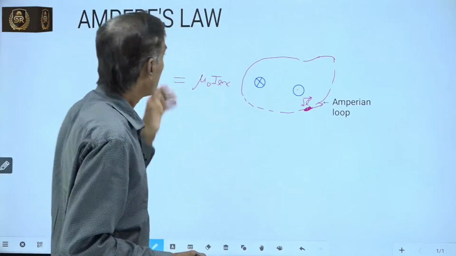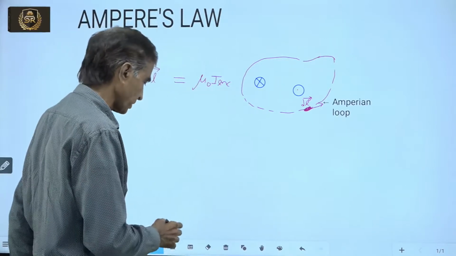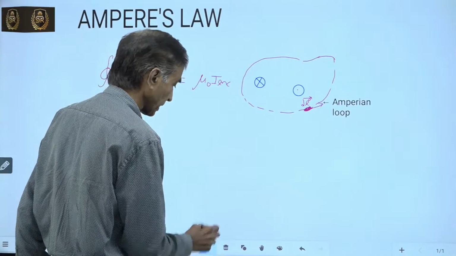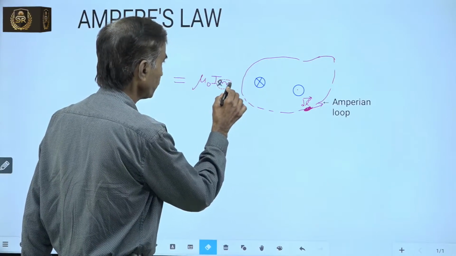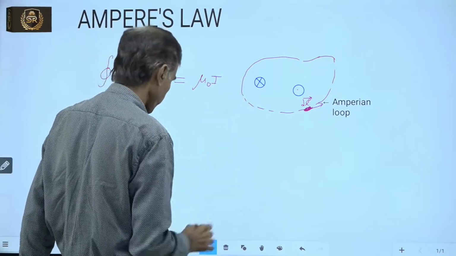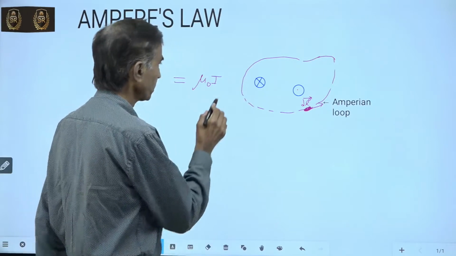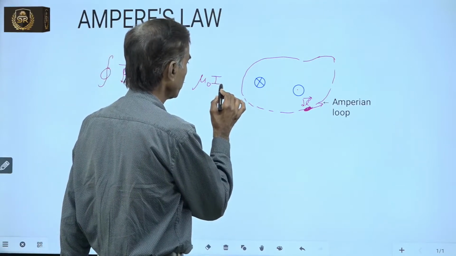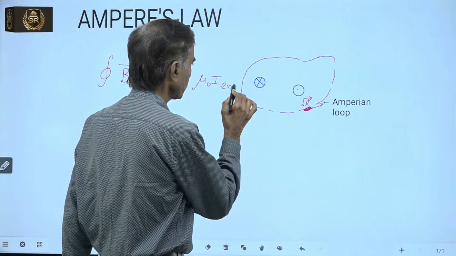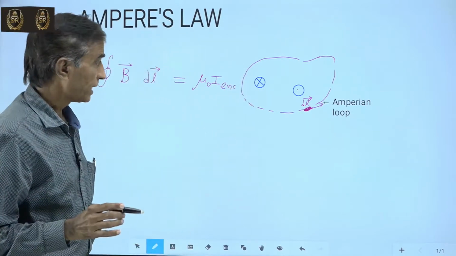That is the statement of Ampere's law. So here, Ampere's law, I will write more clearly here: the current enclosed by the Amperian loop.